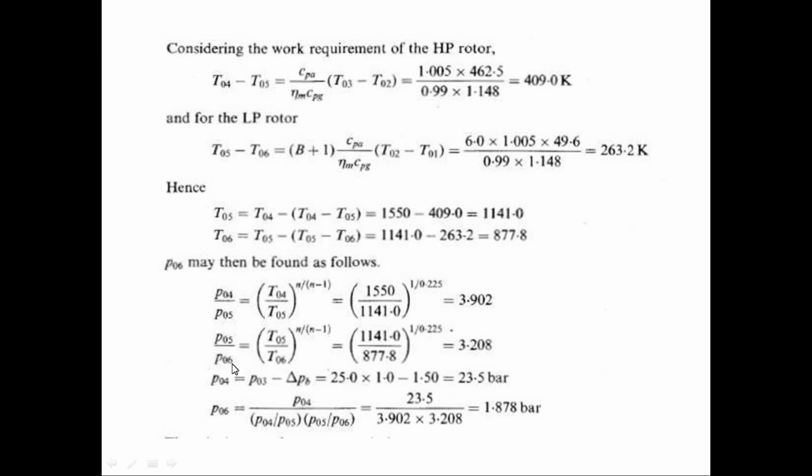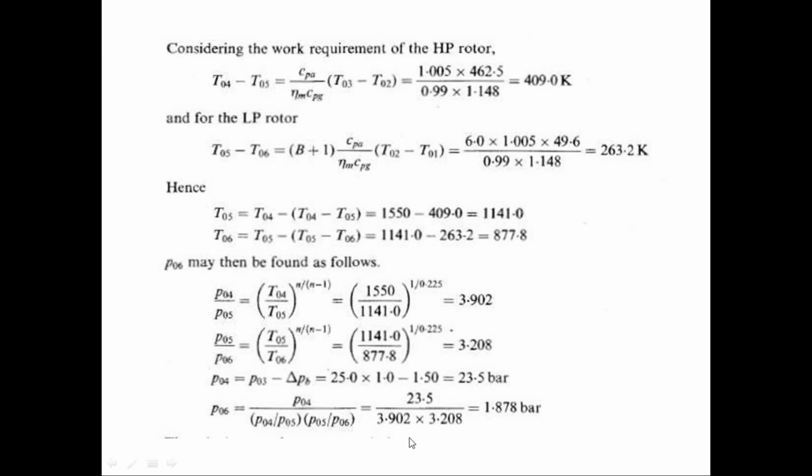And P05 by P06 is T05 by T06 raised to power n over n minus 1. So this is 3.208. And since P04 is equal to P03 minus the pressure losses, so this is 25 into 1 minus 1.50. So P04 is 23.5 bar, and P06 is finally P04.